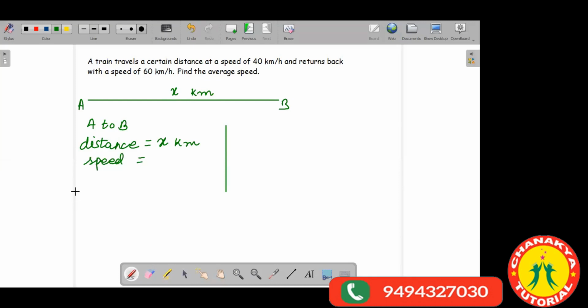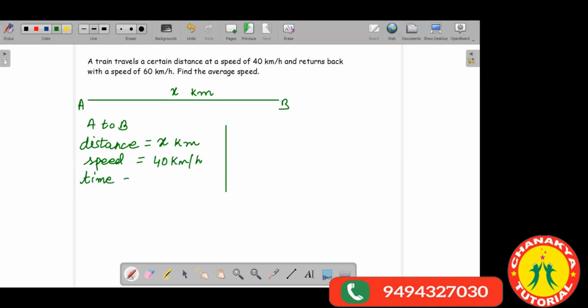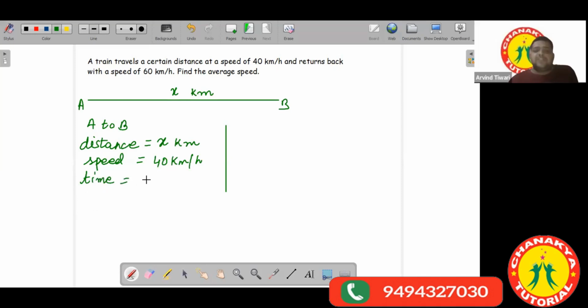From A to B, 40 kilometer per hour. 40 kilometer per hour. So can we find out the time? Sir, time is equal to X by 40 hour. Okay, very good.